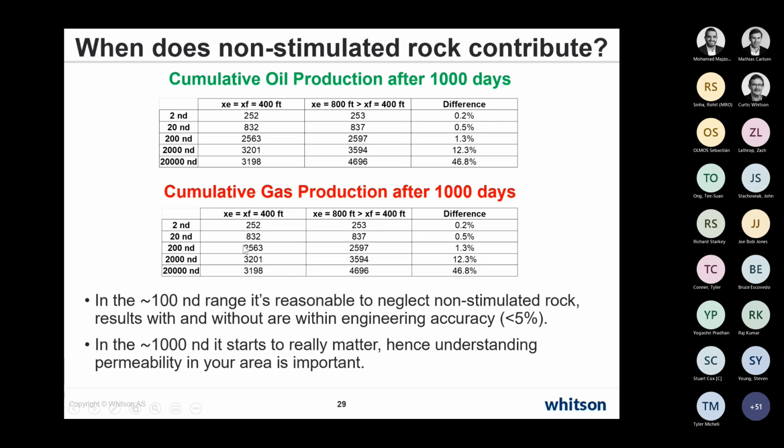So that's when it is important. I'll make sure to fix the gas table before I send it.